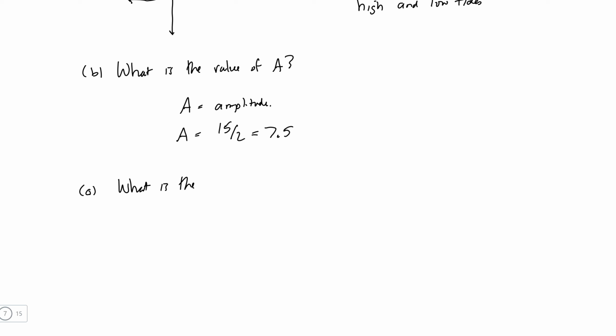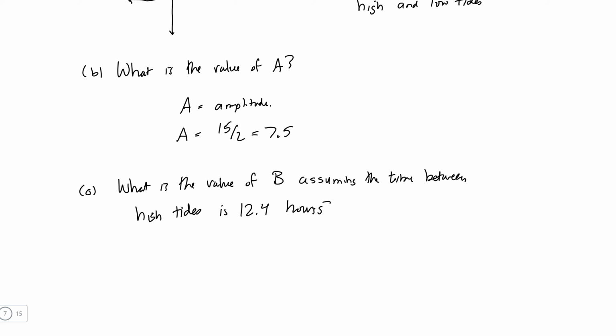So what is the value of b, assuming the time between the two high tides is 12.4 hours?